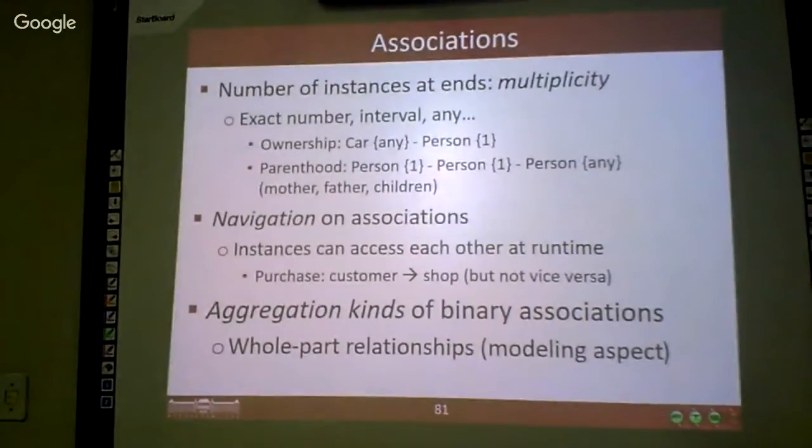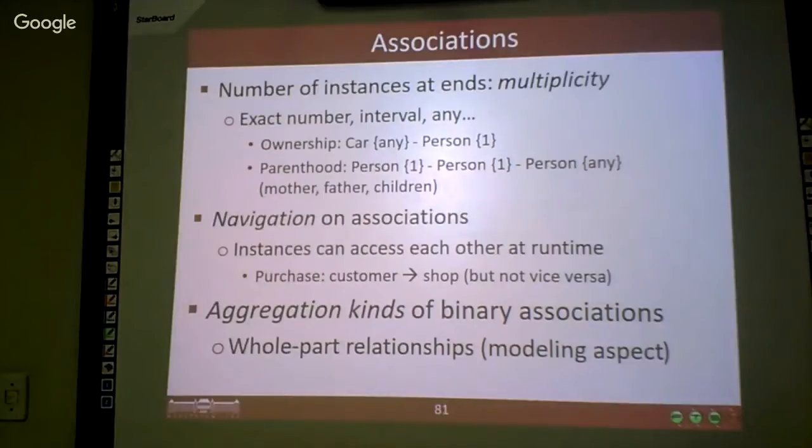Associations have their multiplicity at the end, and it can be an exact number, an interval, or any. For example, in the ownership, a single person can have many cars.